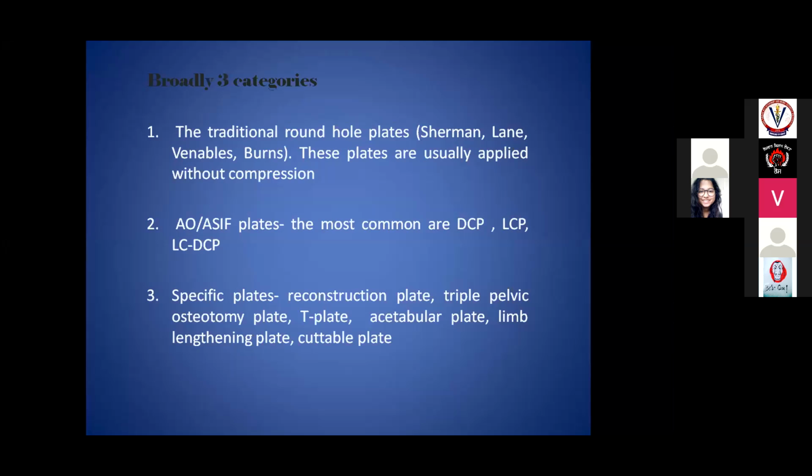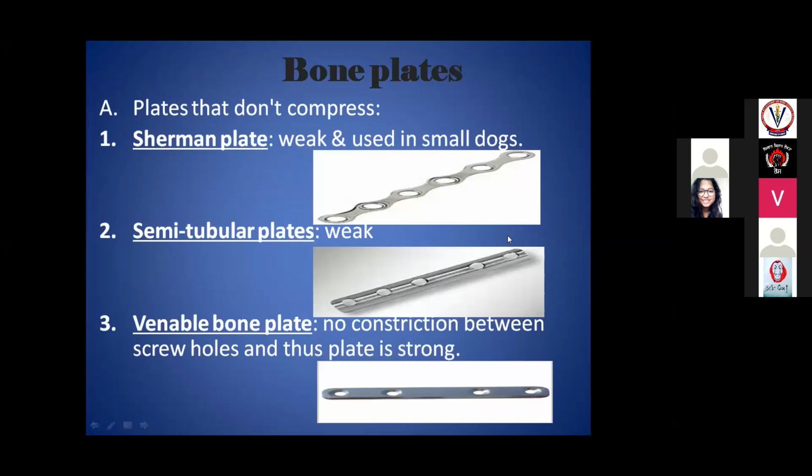You get plates with round holes, plates with oval holes, plates with sliding holes, and there are plates that are used only specifically for certain areas like pelvis, acetabulum, okay, catapult plates. These are different types of plates. And in oval hole plates, we get a dynamic compression plate, a locking compression plate. We will see one by one.